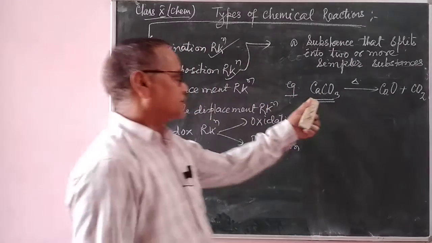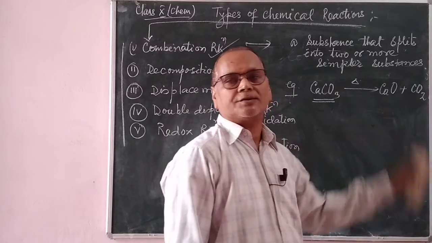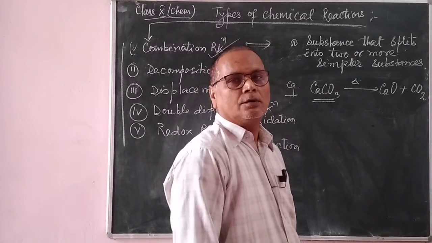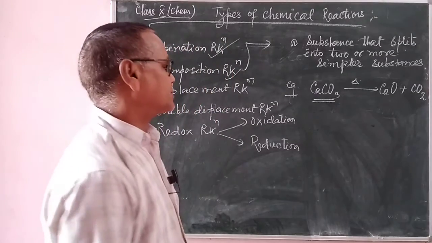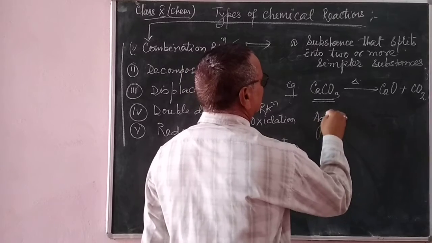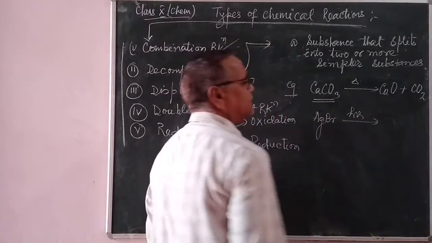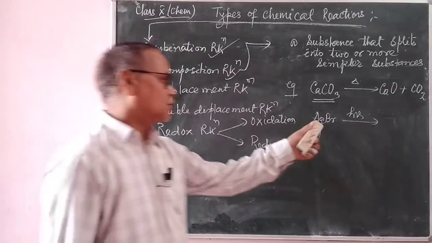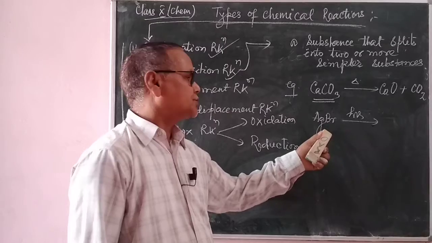So one substance decomposes into two new substances. This is called a decomposition reaction. Similarly, suppose silver bromide, which is used in photographic plates.